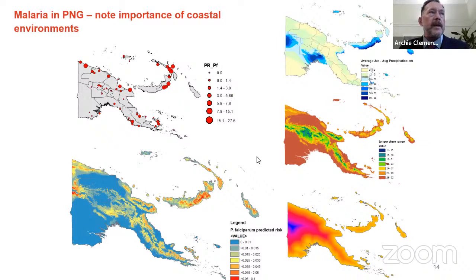So if you're looking at this map here of malaria in Papua New Guinea, I've got data on rainfall, which is available at a high resolution across the entire country of New Guinea, which means that I can estimate rainfall in the locations where I have the samples, but it also means I have that information for the whole country so that I can predict what the risk of malaria is in a given location, given the amount of rainfall that exists in that location.